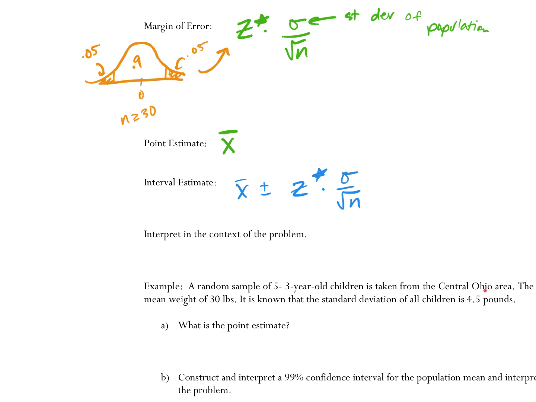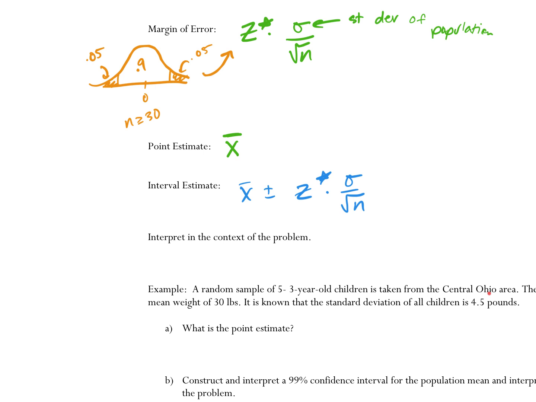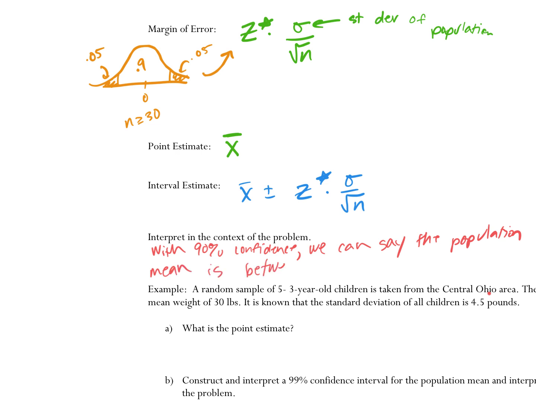To interpret it, you're going to say with 90% confidence, or whatever your confidence level is, the population mean is between whatever your interval is, blank and blank.